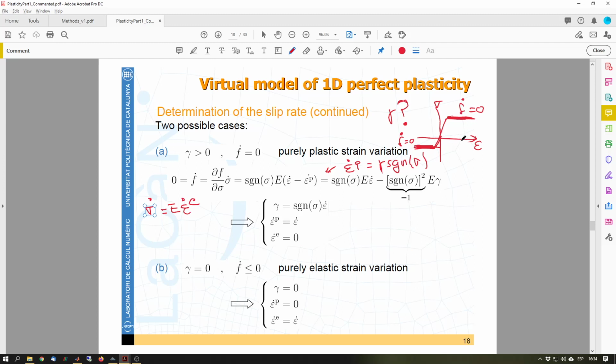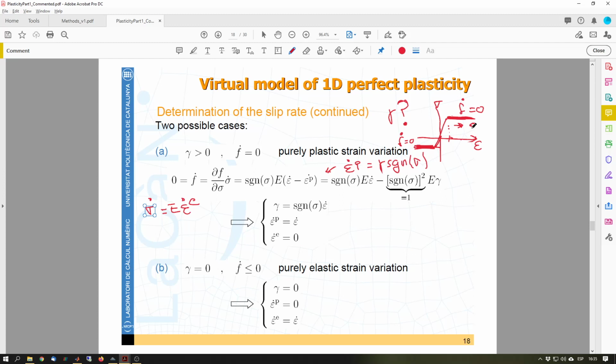Whenever I'm moving my total strain beyond this point, all the strain that I'm applying goes, on that branch, to the plastic strain rate. In fact, all my plastic strain rate is going to be my epsilon dot. So all the strains are going to be plastic.